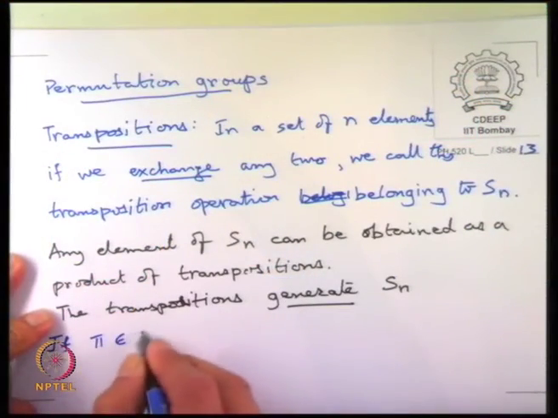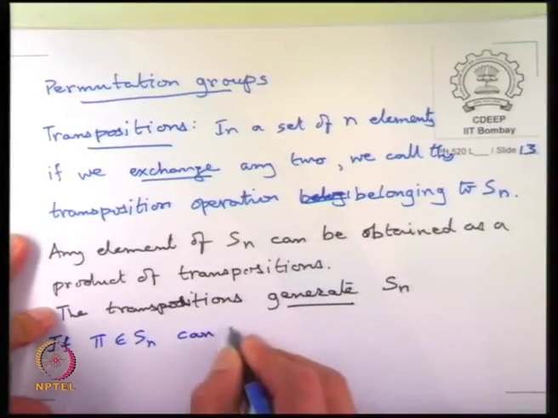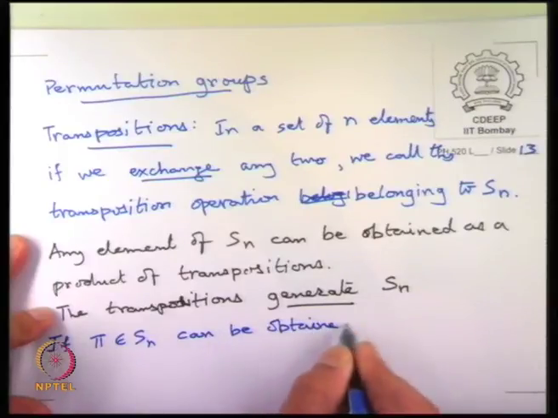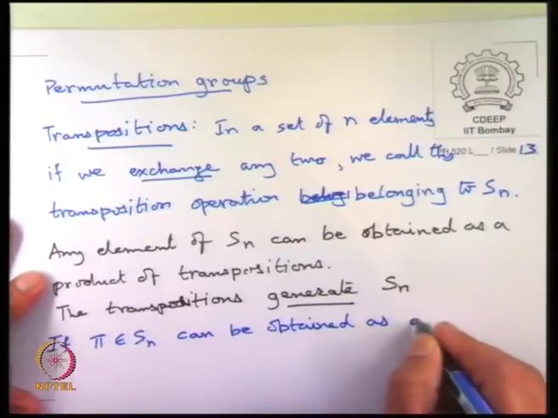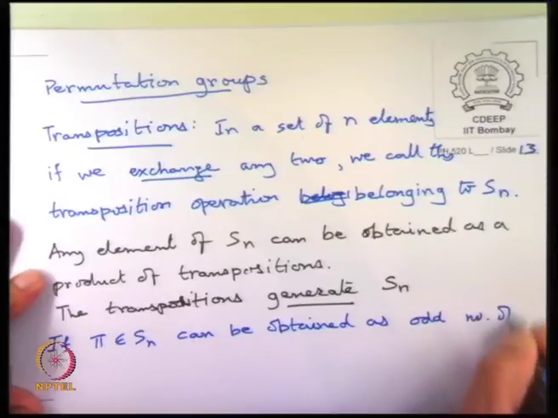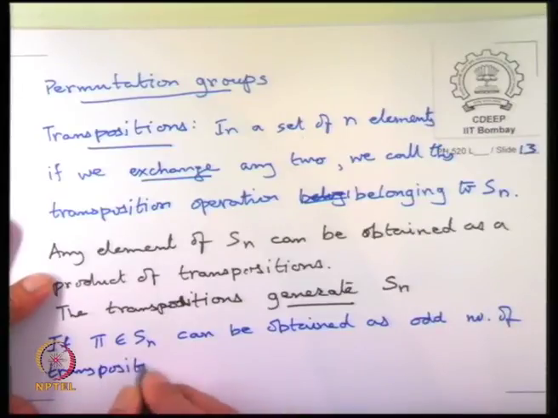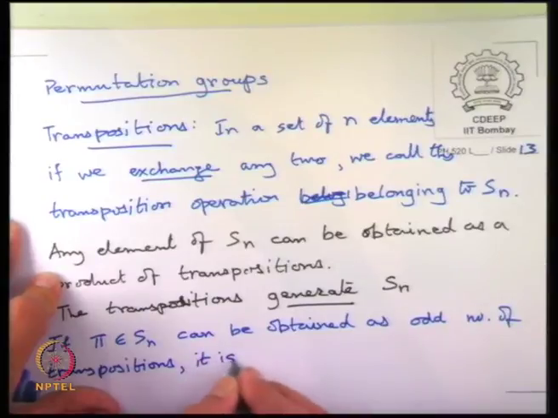If a permutation pi belonging to Sn can be obtained as an odd number of transpositions, it is called an odd permutation.